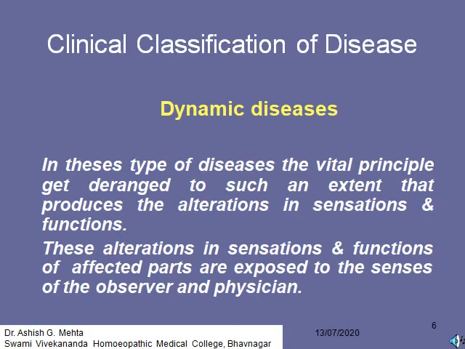This alteration in sensation and functions of the affected parts is exposed to the senses of the observer and the physician, because they express themselves through perceptible signs and symptoms, and those perceptible signs and symptoms are the true expression of the internally deranged vital principle.